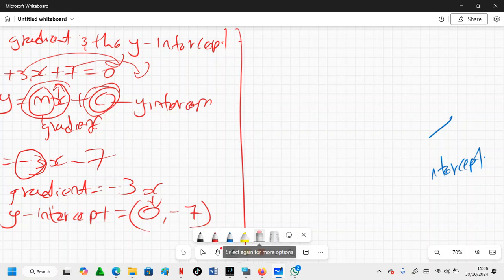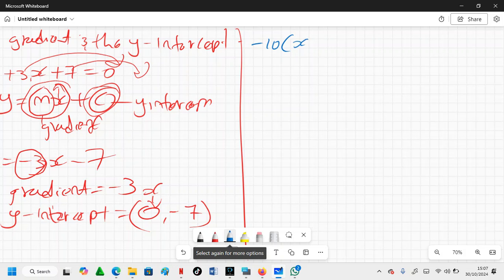So consider the question to be the same. We are supposed to find the gradient and the y-intercept, and you can try it on your own, and then mark it later. We have negative 10 (x plus 3) is equal to 0.5y.